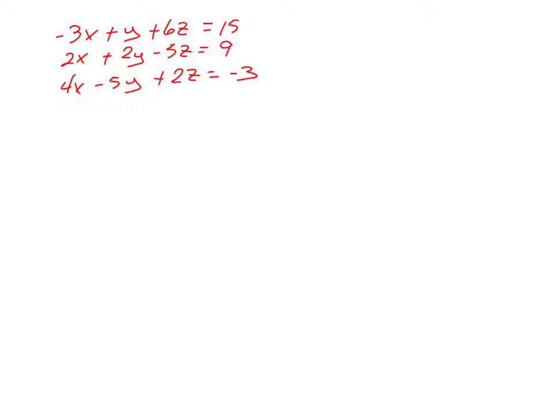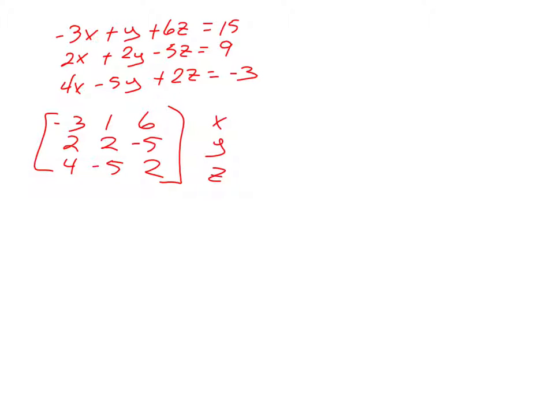And 4x minus 5y plus 2z equals negative 3. So I want to solve this system of equations using the inverse of a matrix. So what do we do first? Write it in matrix form. So negative 3, 1, 6, 2, 2, negative 5, 4, negative 5, 2. X, Y, Z. 15, 9.